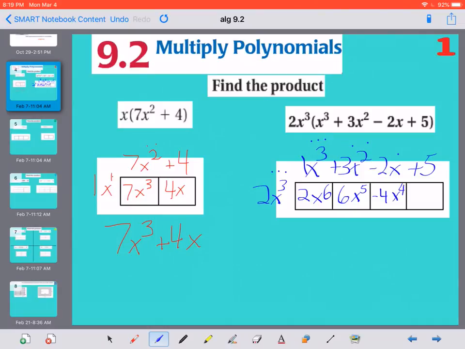And finally, 2 times 5 is 10. Then we have x to the 3rd as well. So our answer is 2x to the 6th plus 6x to the 5th minus 4x to the 4th plus 10x cubed.